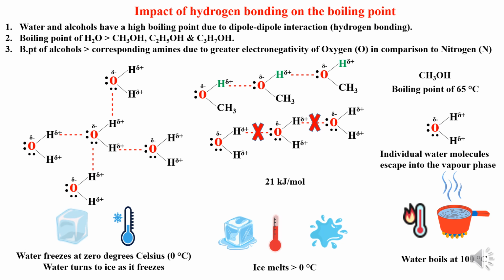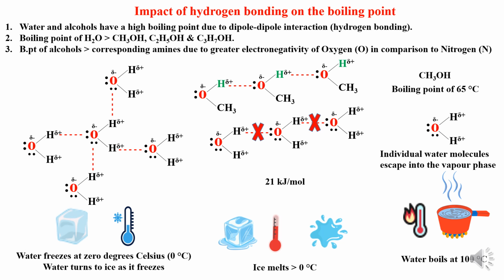So that is why methanol boiling point is around 65 degree Celsius. So the difference in the boiling point. So though the bond energy is one and the same. So both in case of water and alcohol, the bond energy is one and the same, that is 21 kilojoules per mole of energy is required to break the hydrogen bonds both in case of water as well as alcohol molecules.